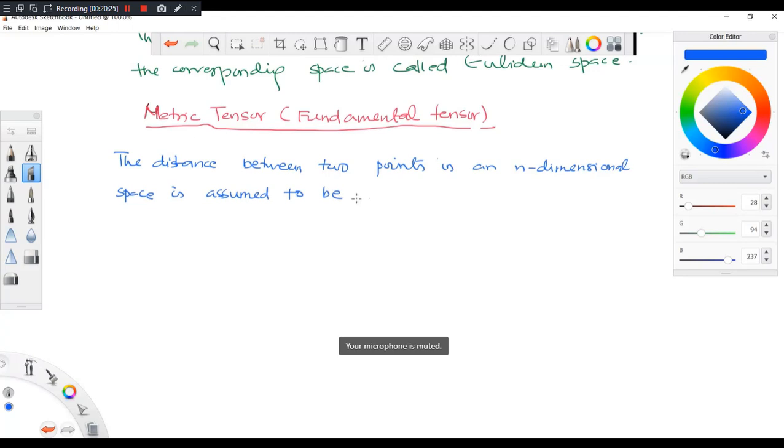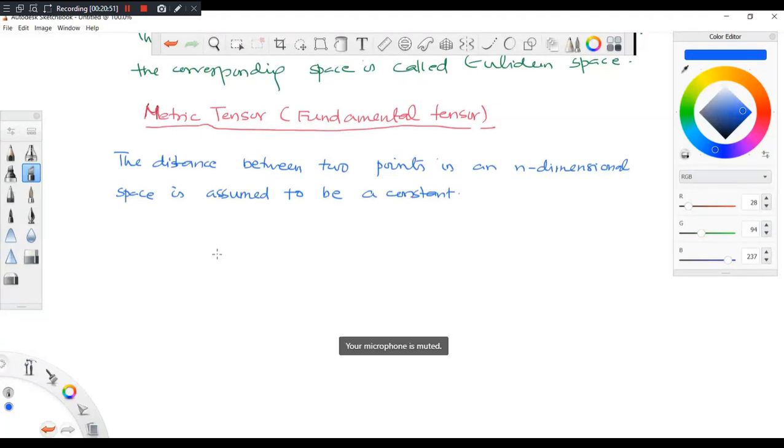That means if you take any two points in space and calculate the distance between them, that will be the same. That's a fixed one, even if you measure it from any other coordinate system. In a space you can have different coordinate systems. Suppose you take a two-dimensional space.